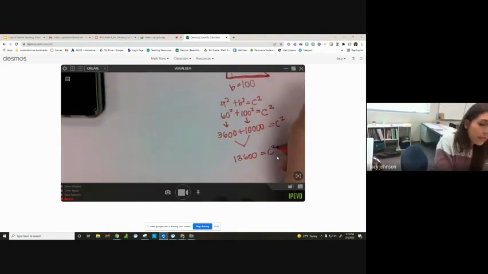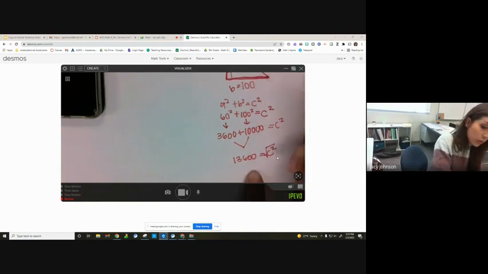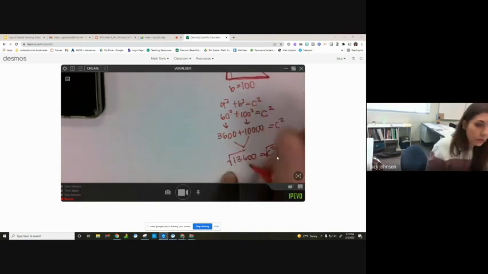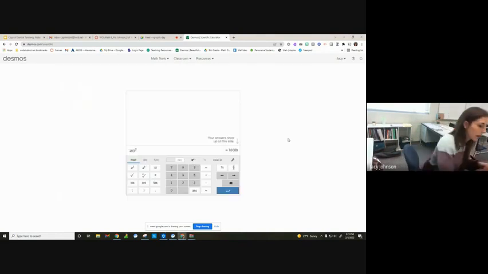C squared. And to undo a square, I'm going to take the square root. Now on a scientific calculator, let me go grab one really fast.